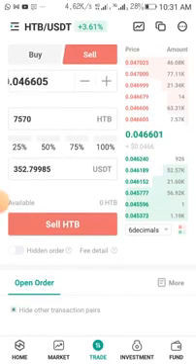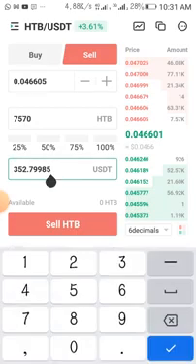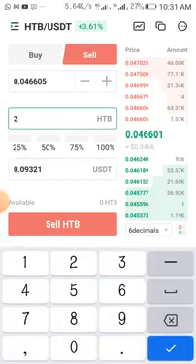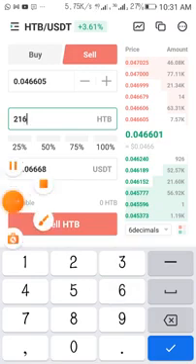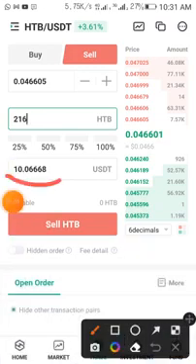Let me just use the first person, which is 7,570. So I will just filter in the amount that I want to sell. Okay, at this point I'll be using HTB. I want to sell my 216. So you can see, instead of running in a loss, I rather made profit for just doing that transaction.